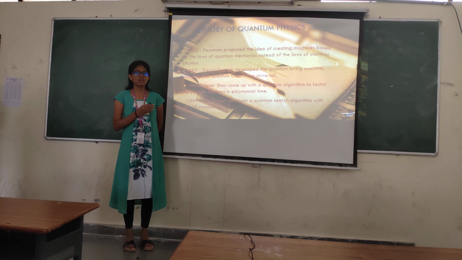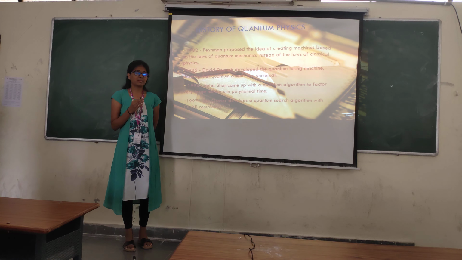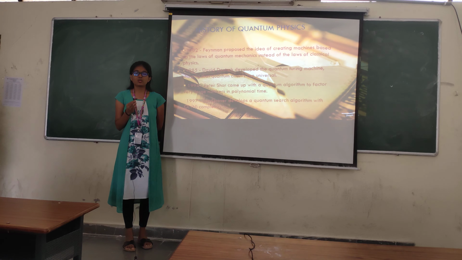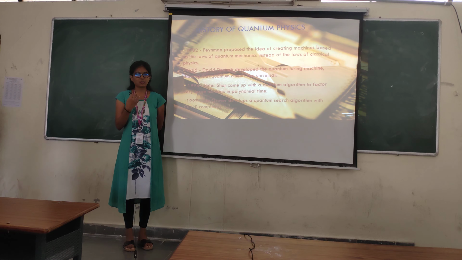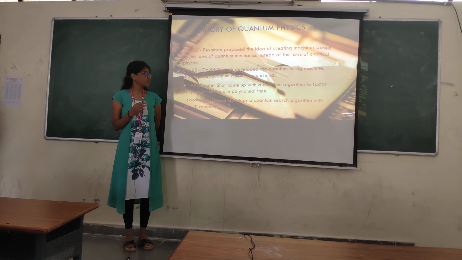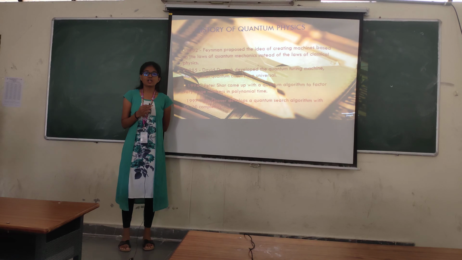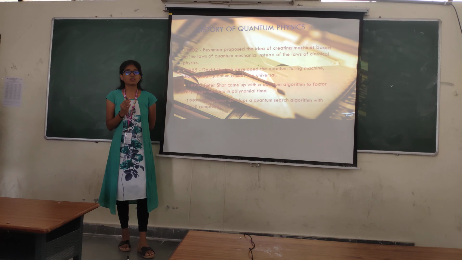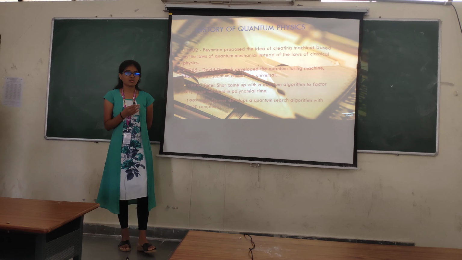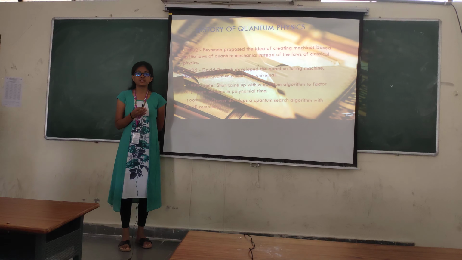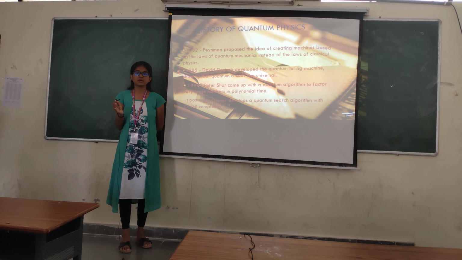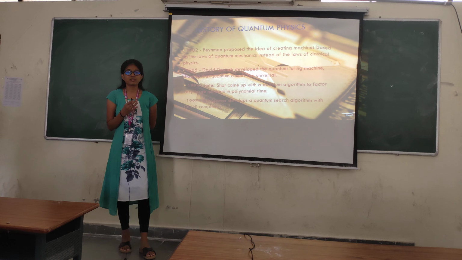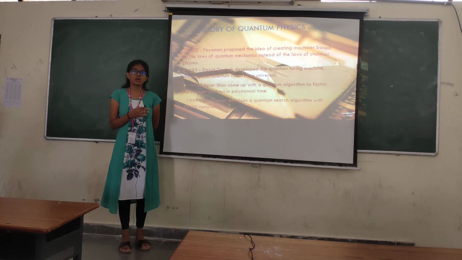In 1994, Peter Shor came up with the quantum algorithm to factor very large numbers in polynomial time. In 1997, Lov Grover developed the quantum search algorithm with O root of n complexity, and going through all these continuous experiments, we finally got the present form of quantum computing.